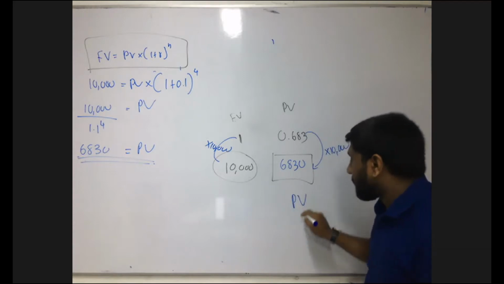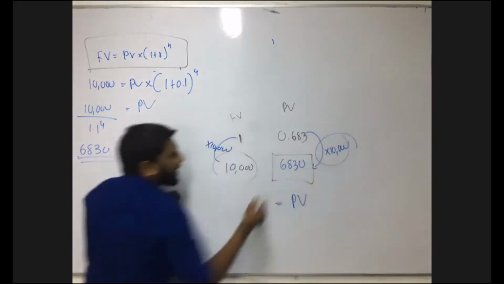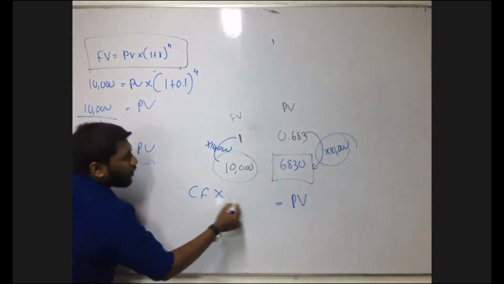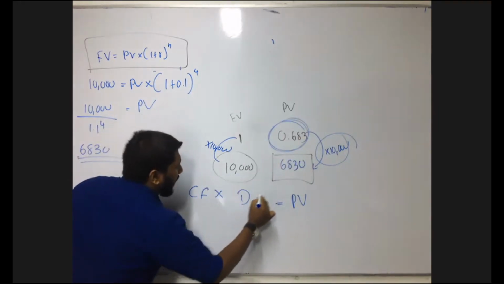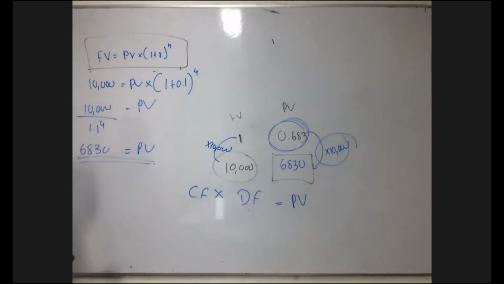How did we find the present value? The 10,000 is the cash flow that you are getting. Cash flow into discounting factor is equal to your present value.